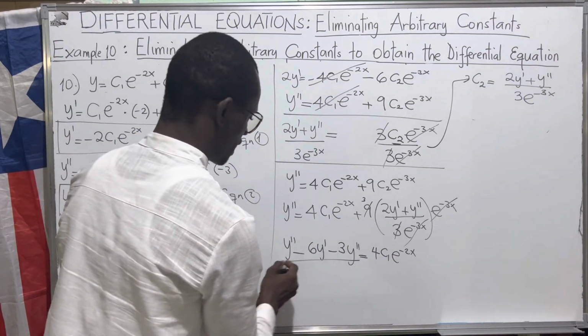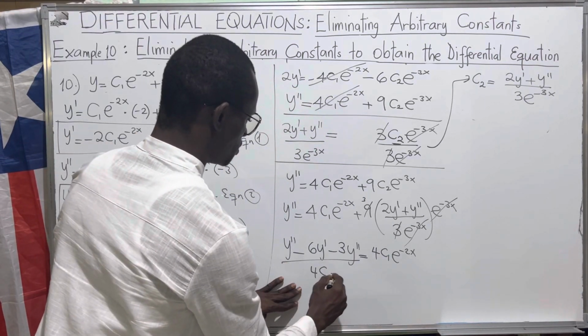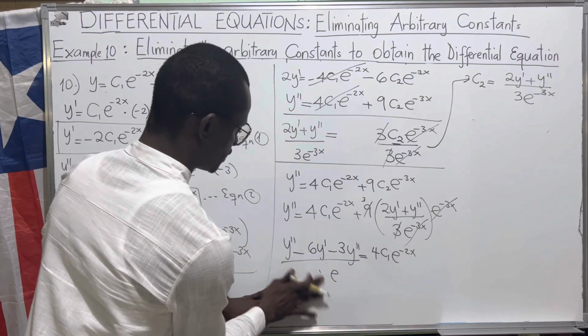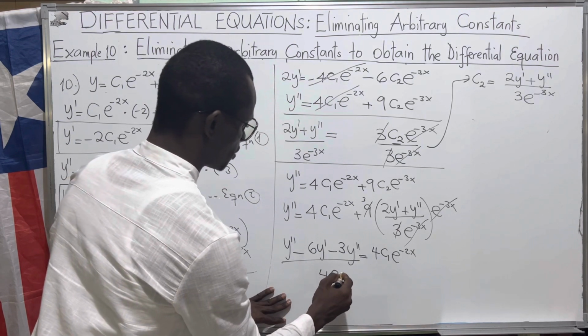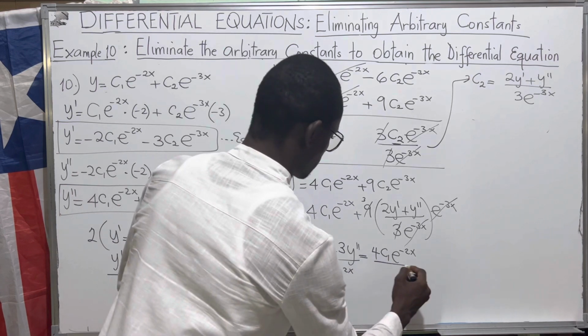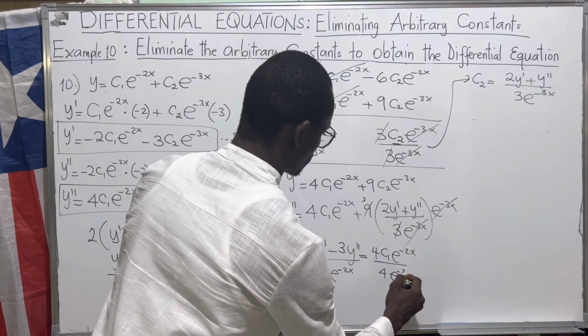So I can divide this out by just 4 e raised to the power minus 2x, and then I divide this out by 4 e raised to the power minus 2x.